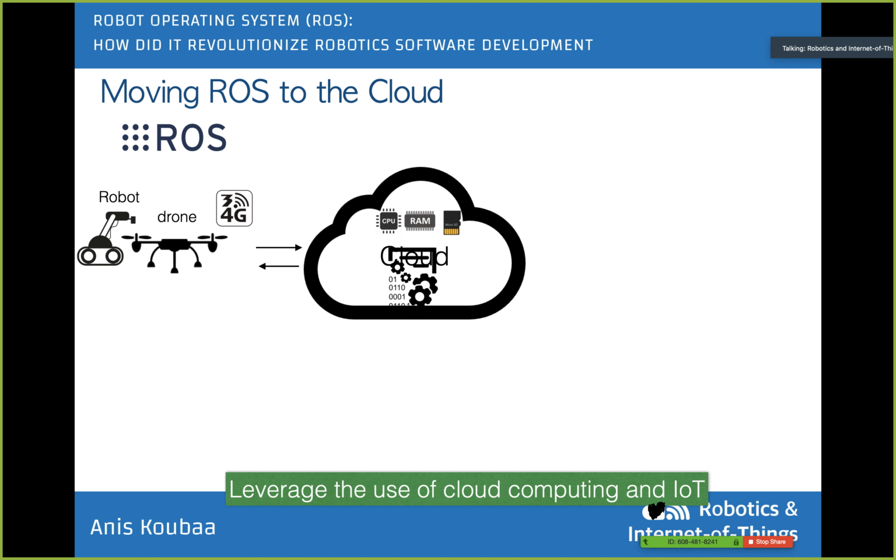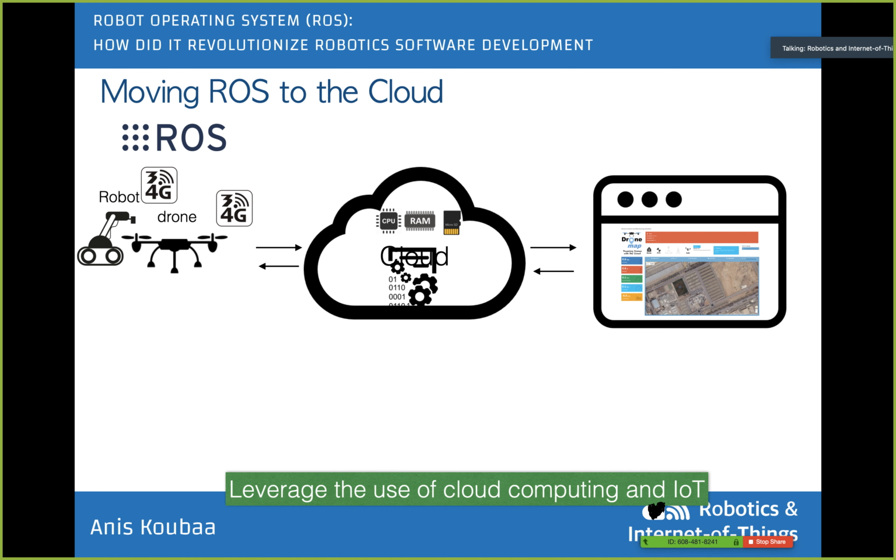The first is computation offloading, instead of processing everything on the robot or on the drone, which have limited energy and processing capabilities. We wanted to offload the computation into the cloud, and also to be able to control these drones or robots over the cloud using ROS.